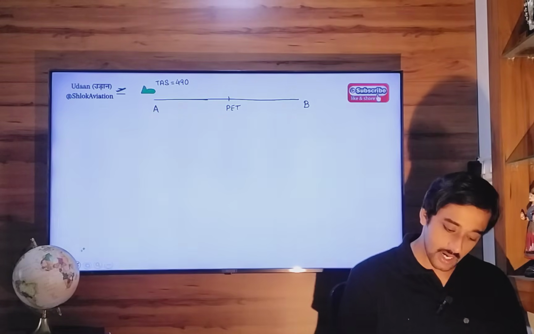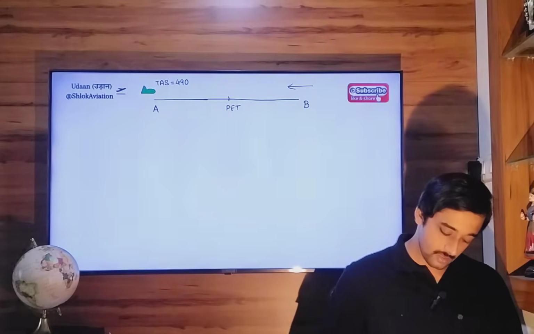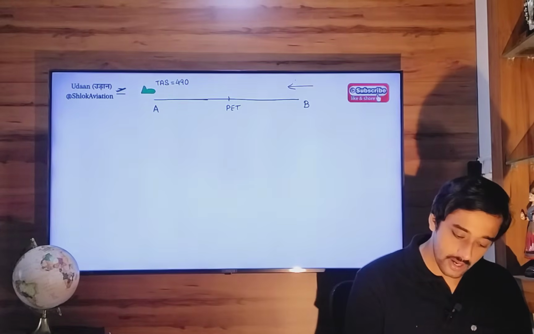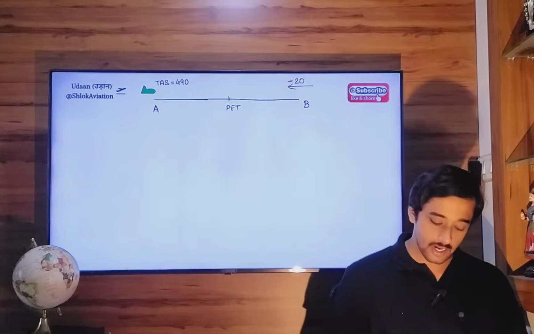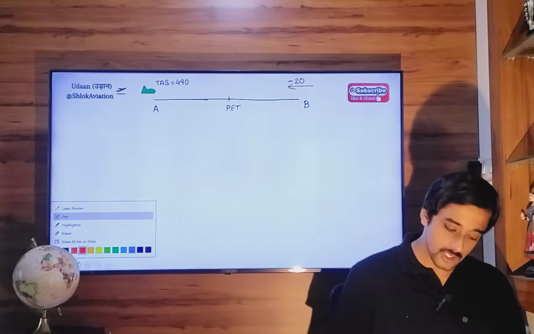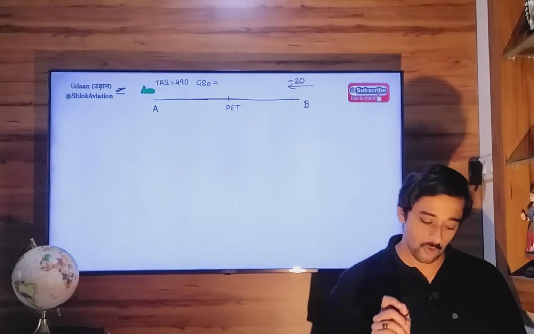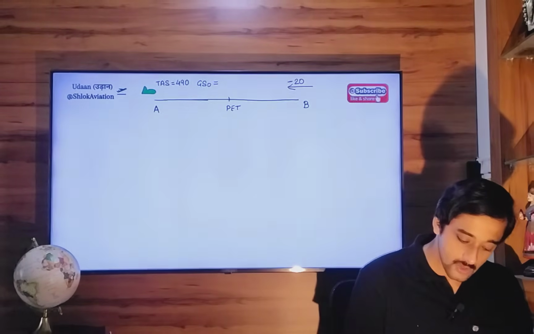You're getting a headwind of minus 20, so 20 knots. So if headwind is minus 20, what will be the ground speed? Outbound ground speed will be TAS minus headwind. So 490 minus 20, that is 470.